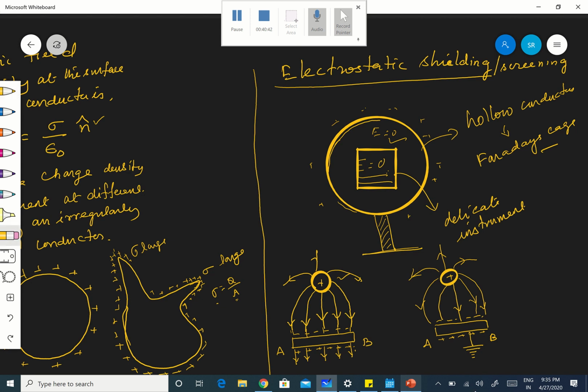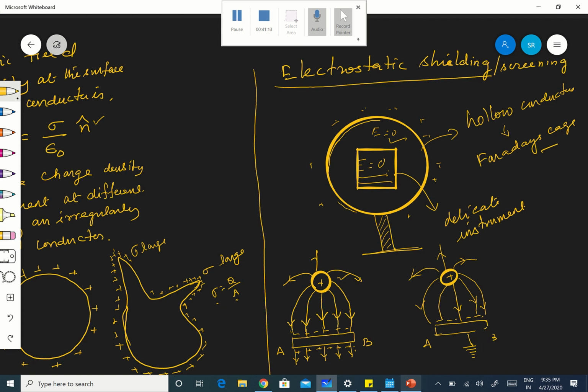All these positive charges at the bottom of AB, everything will go to earth because I'm earthing. Positive charge will not go. Already I told, positive charges will not move. Only the electrons from earth will come here to neutralize the positive charge. This already I told in the previous classes.